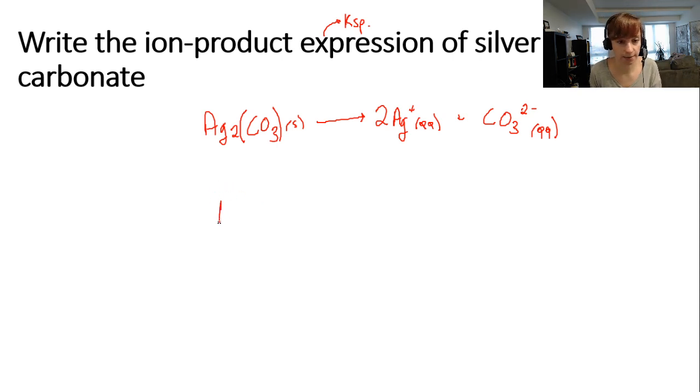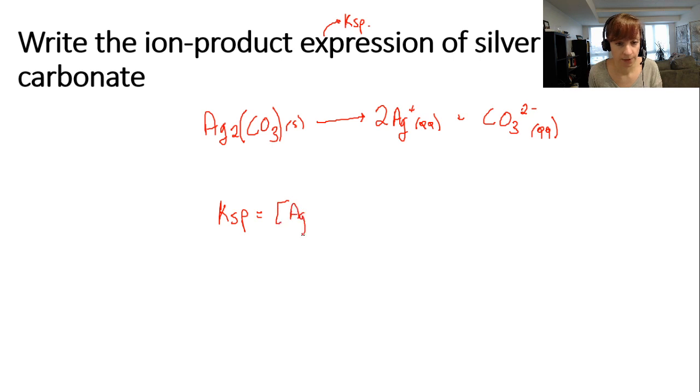So we're just writing the ion expression. It didn't ask us to calculate anything. So KSP equals products over reactants, but in terms of an ion product expression, you're only looking at ions. You're not including this solid starting material.